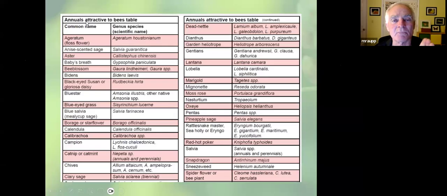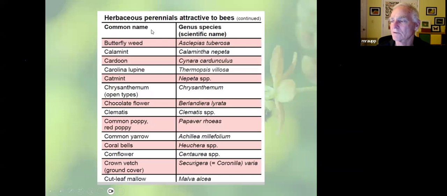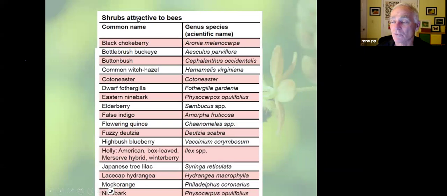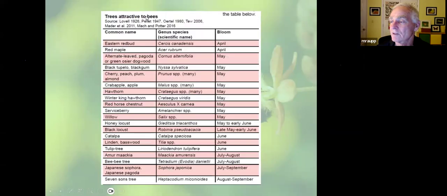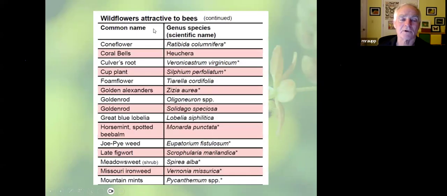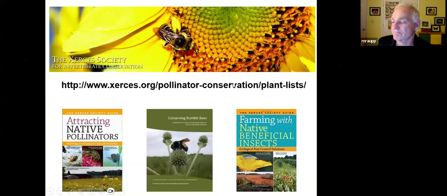And if they're attracting bees, they're attracting these other beneficial insects. Annuals, perennials, shrubs, trees, wildflowers. So there are tables and tables in that publication to help you learn what some of the things are you could plant in your gardens and landscapes to attract these beneficial insects.